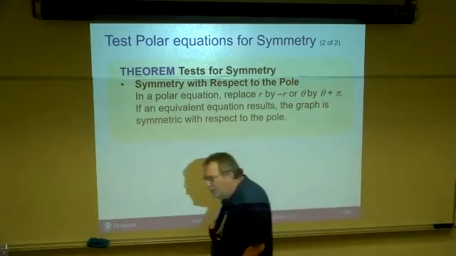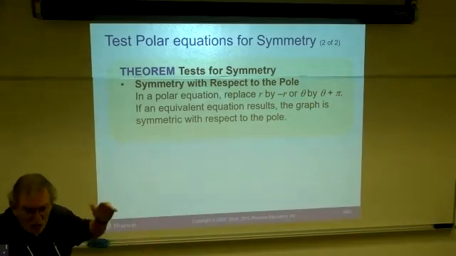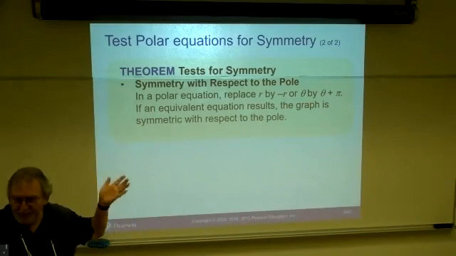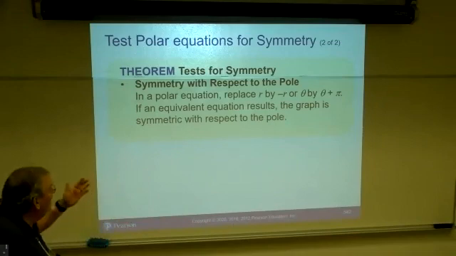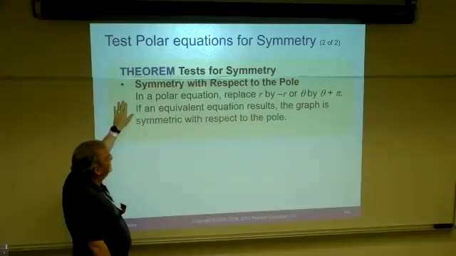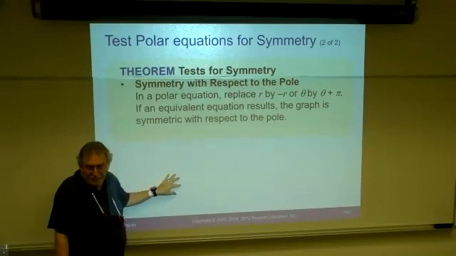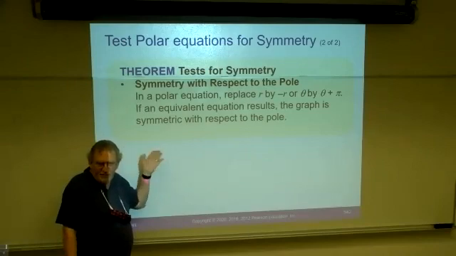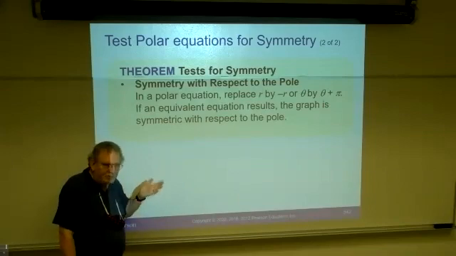And here's the deal. Just because it failed the test, you tested for symmetry and no symmetry showed up, doesn't mean it doesn't have symmetry. It could fail both of these tests for being symmetric with respect to the pole, and still be symmetric with respect to the pole. So failing the test doesn't mean it doesn't have symmetry.